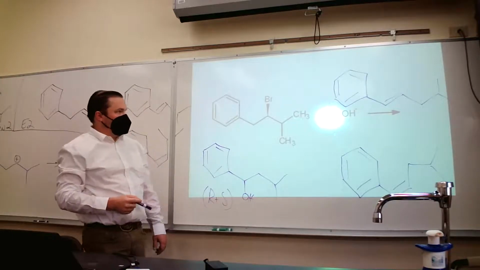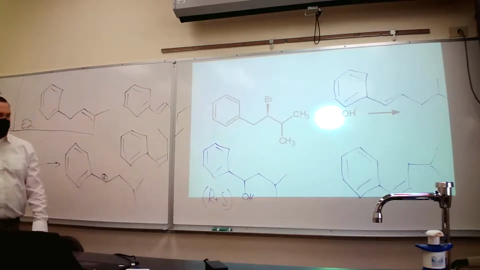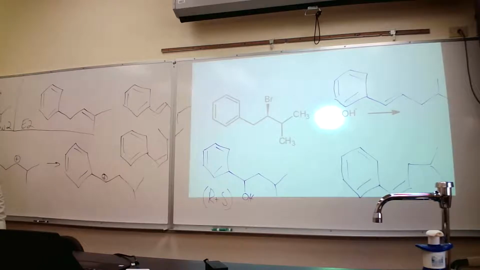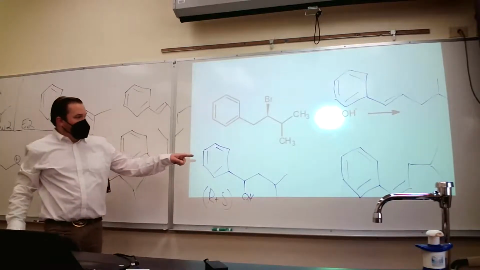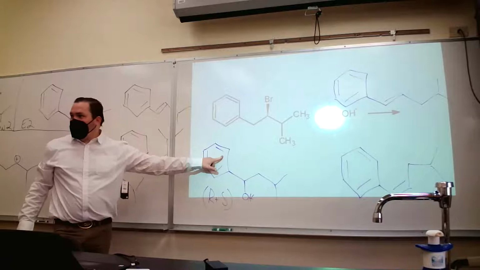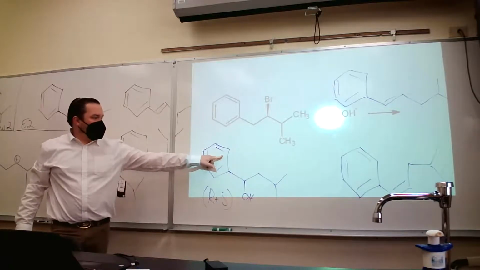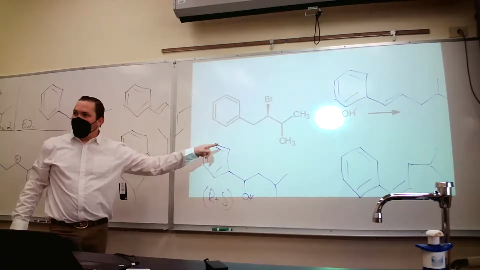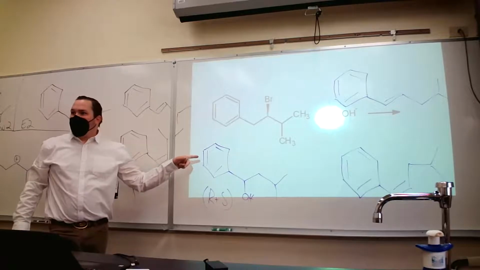If you did the SN1, would you get any of the products where the positive charge is rotating around the benzene ring? No. Mostly because if we actually did the substitution on the benzene ring, you break up the benzene ring.